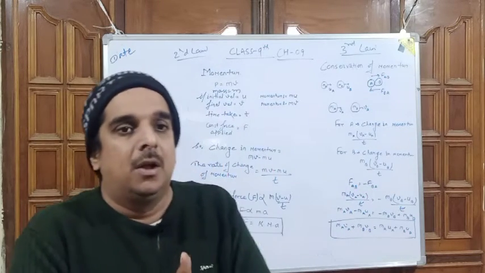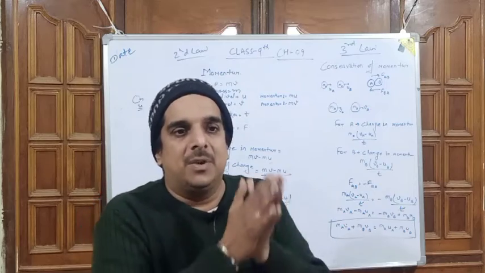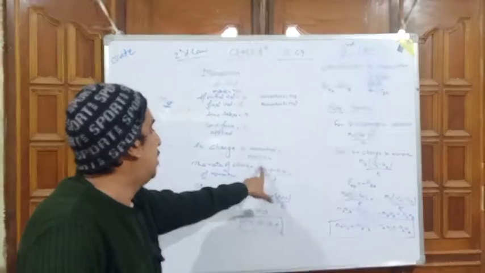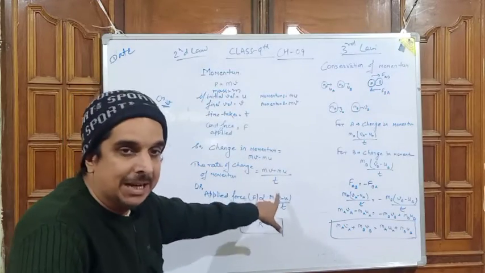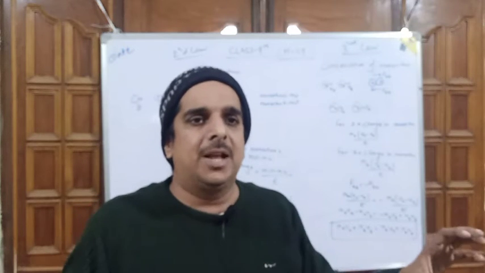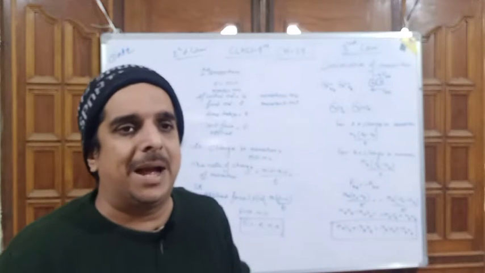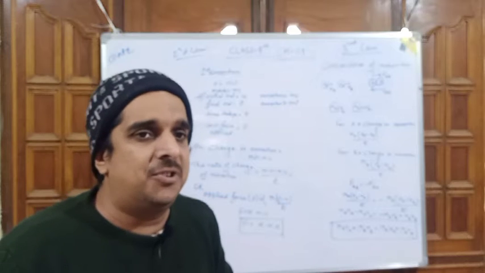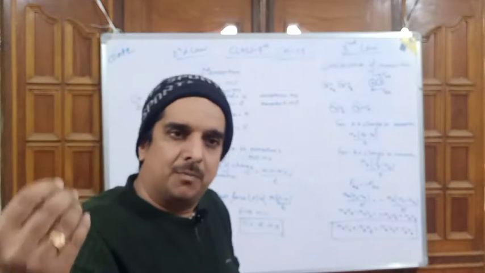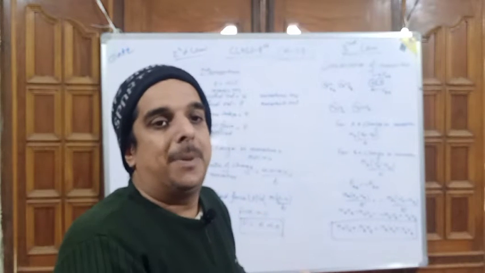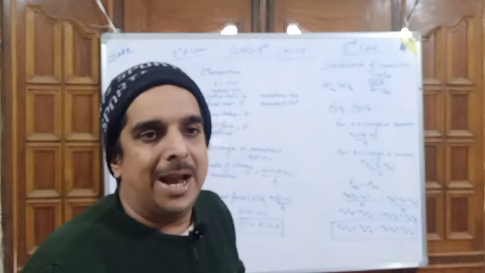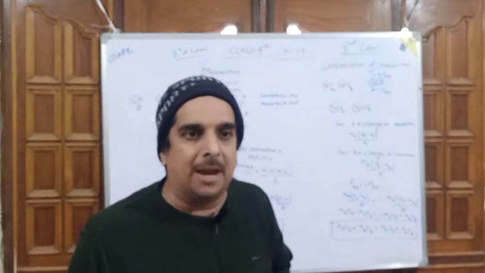So here I wrote, the rate of change of momentum is equal to mv minus mu by t. T is the time taken by an object for having the change. The change in momentum means final momentum minus initial momentum, but if the rate term is used, then we have to calculate the change in momentum with respect to time.